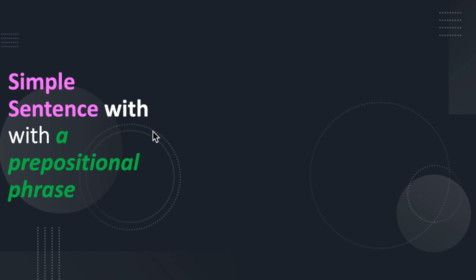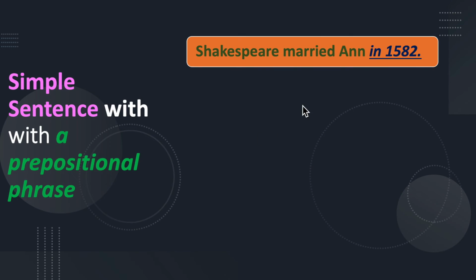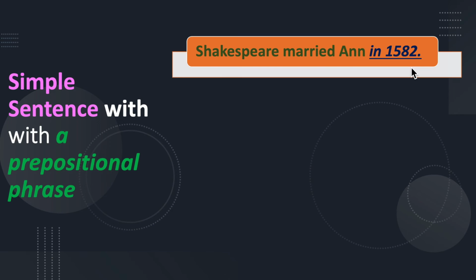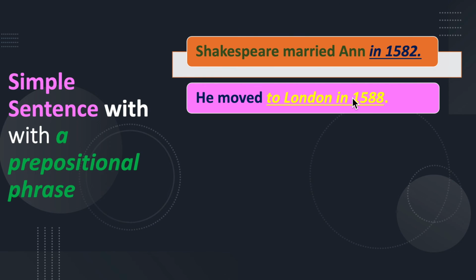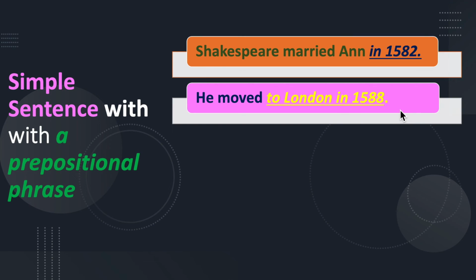Simple sentence with a prepositional phrase. How? Let's see. Shakespeare married Anne in 1582. This in 1582 is a prepositional phrase. It's still an example of a simple sentence. Likewise, we have he moved to London in 1588. To London in 1588. This is an example of a simple sentence. Likewise, we have the next.